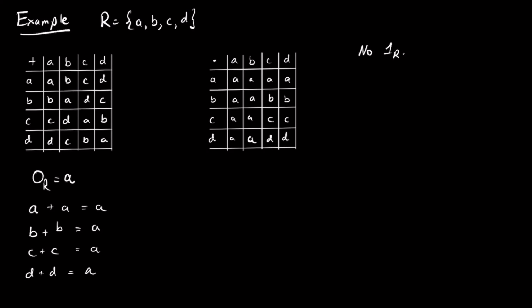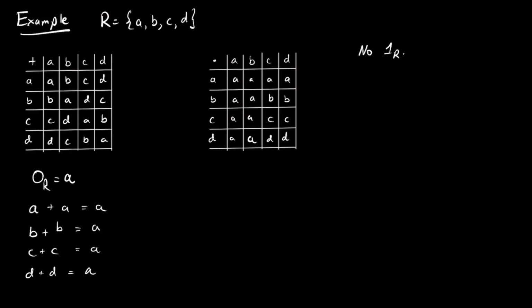And we can check that manually. We just have to go through case by case and check that none of them are a viable candidate. For example, I see that a times c is equal to a, and that c times a is equal to a. So I might say, okay, maybe c is my candidate because c times a is a and a times c is a.